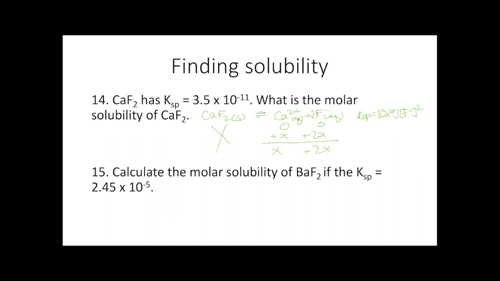Okay, we know what the Ksp is. So I'm going to move over here and I'm going to do 3.5 times 10 to the minus 11 is equal to x times 2x squared. And we know that that's 4x to the third. So we divide this by 4, take the cube root, and we get x is equal to, because that's what we're looking for, 2.06 times 10 to the minus 4. So divide this number by 4, take the cube root, and that's what you get. Don't forget your unit.